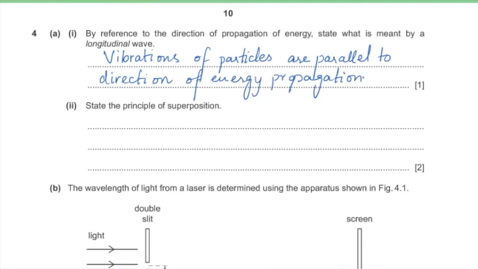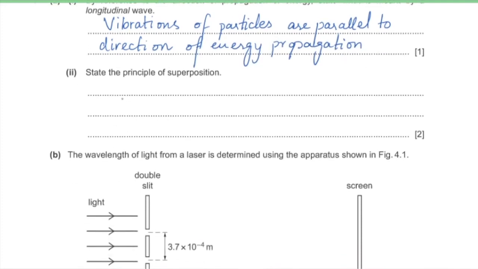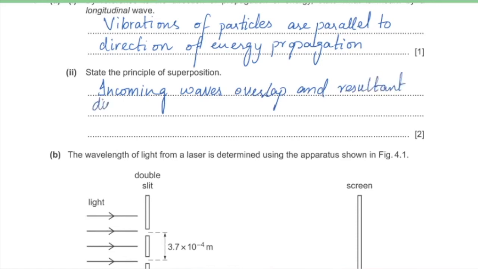Part 2, state the principle of superposition. So superposition takes place when incoming waves overlap and the resultant displacement is equal to the sum of individual displacements.